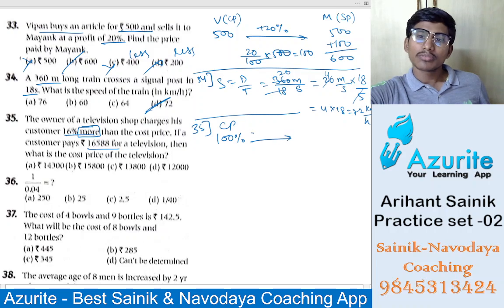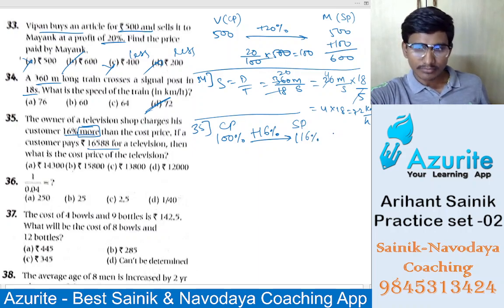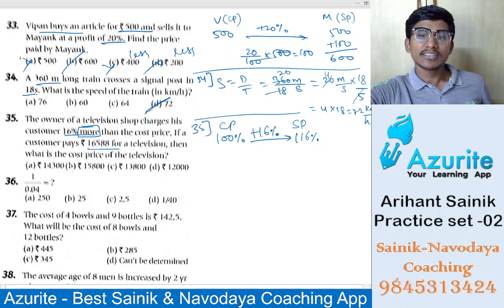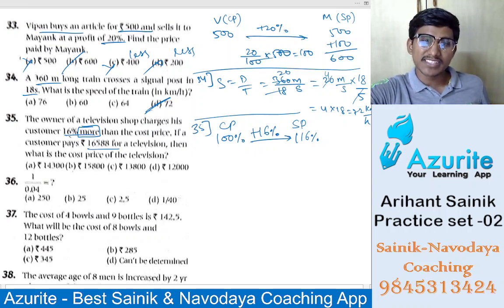Now 16% more, so the selling price will be 116%. The customer pays 116%, that is the selling price he will pay. So selling price 116% is how much? Tell me.